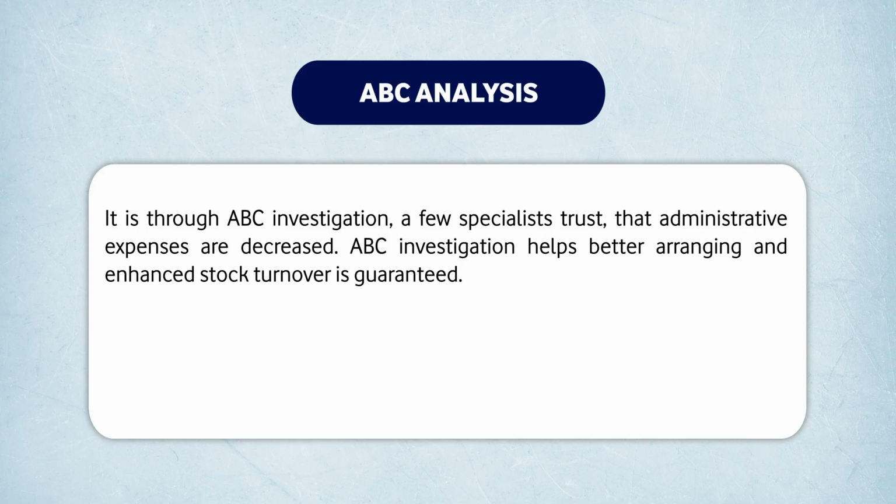Here better arrangement and enhanced stock turnover is guaranteed. In practical use, you have seen that the ABC process for controlling inventory is most useful, that we have to focus more on A class inventory and B class inventory much more than the C class inventory.